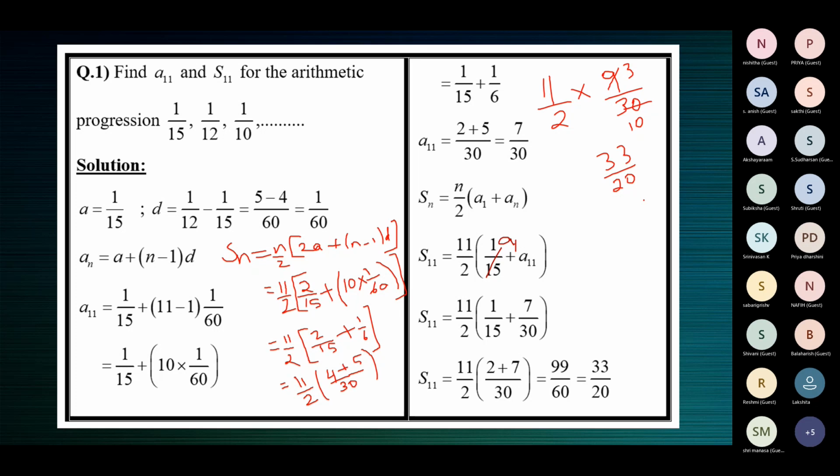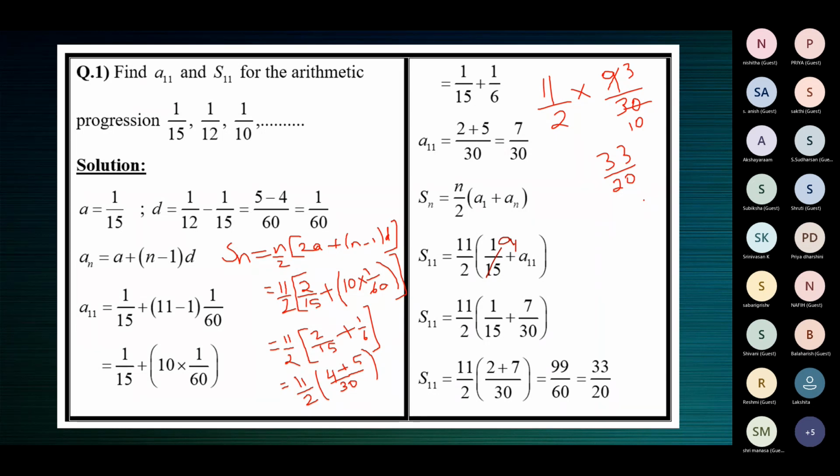Supposing the question was directly to find S11, children, we can work out Sn using n by 2 of the first term plus the last term, or n by 2 of 2a plus n minus 1 into d. Is that understood?